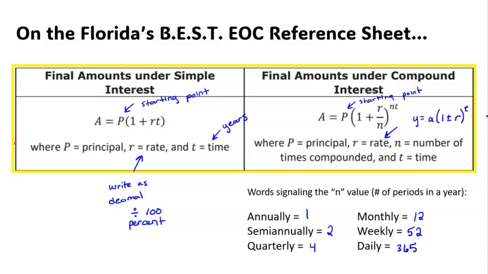So really just notice that it's almost the exact same formula without the n, or the number of times that something's being compounded in a year. And then if it's growth, it's going to be a positive rate. And then if it's decay, it's going to be a negative rate, but you're going to treat it exactly how you would for this compound interest.